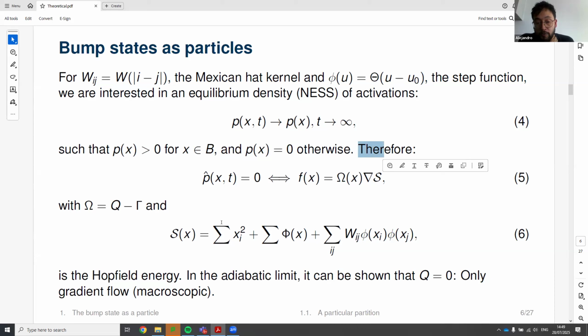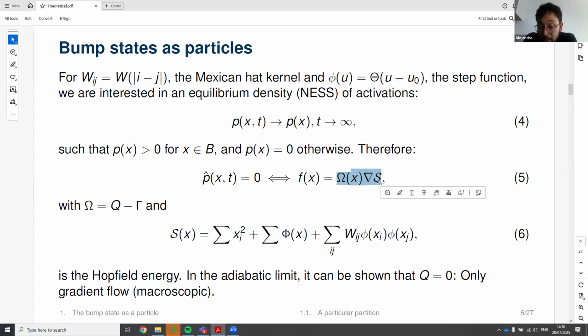So using the known result, we can say that this time independence, this equilibrium density, implies that the evolution law is equal to some sort of operators that work on the gradient of some surprise function or functional, some energy functional, some potential.